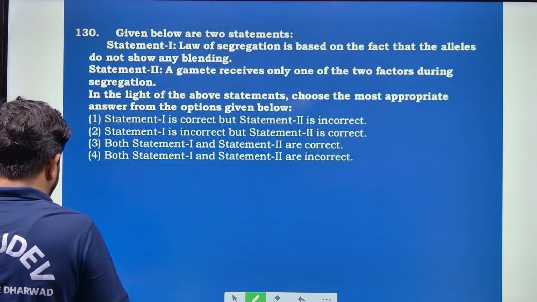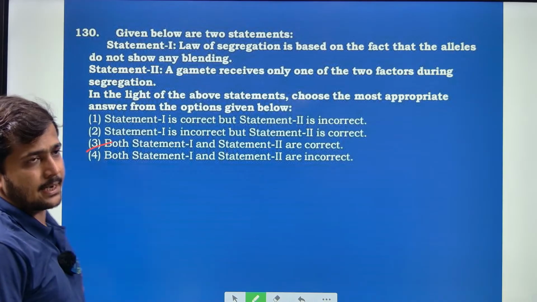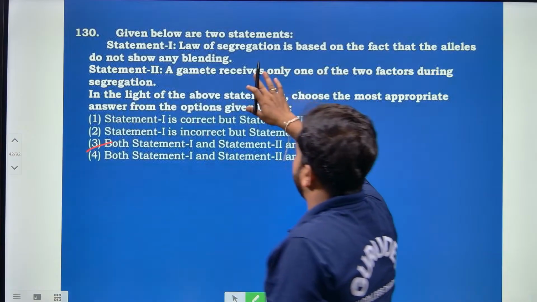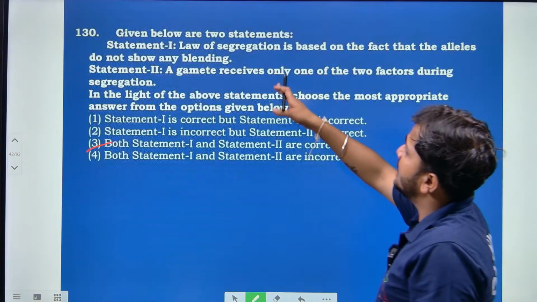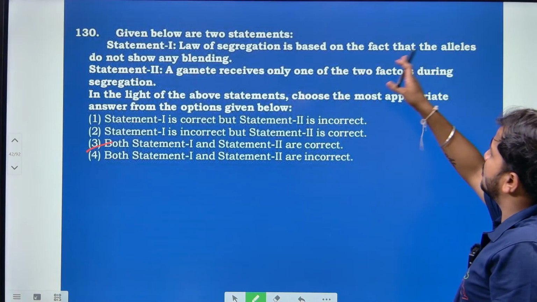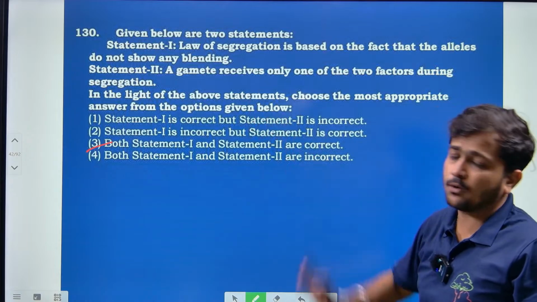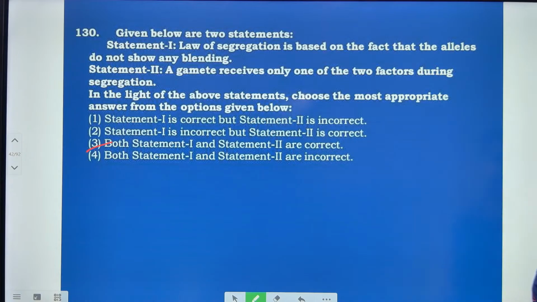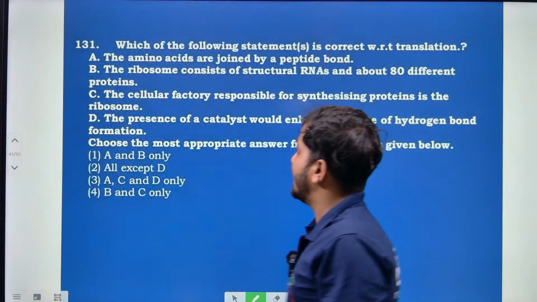So according to this, both statement 1 and statement 2 are correct, because during gamete formation only the segregation is going to take place. Then again, the law of segregation is based on the fact that there is no blending or mixing of the genes, because the genes are independent of each other, that is what Mendel has told.